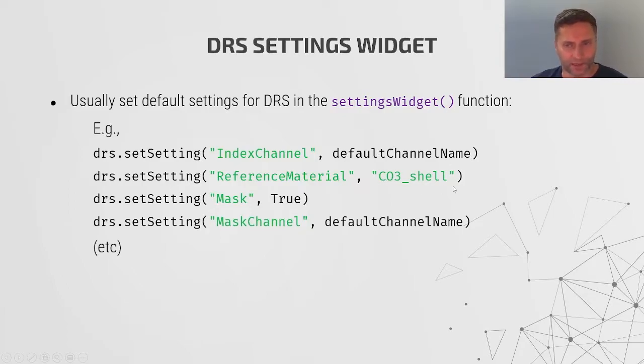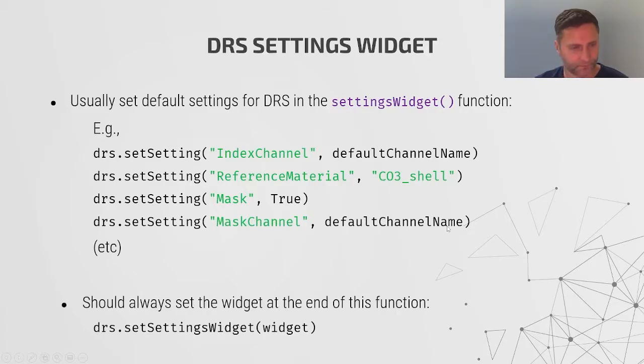We could pass it a literal string. In this case, we're passing a Boolean, and again, here's another string variable. And as I mentioned, the last thing you should do is always to call this drs.setSettingsWidget, passing the widget that you've created at the end of this settings widget function.